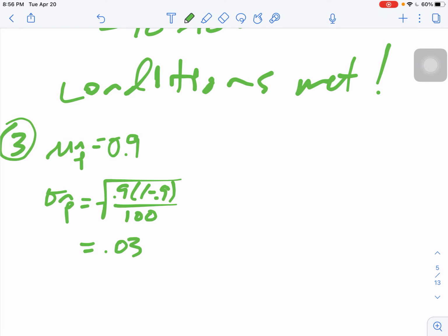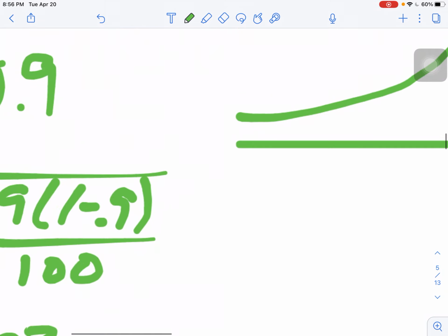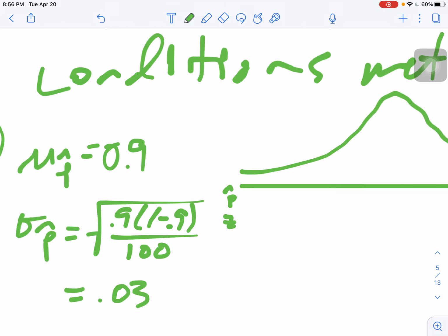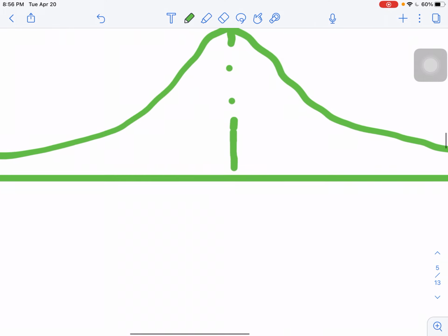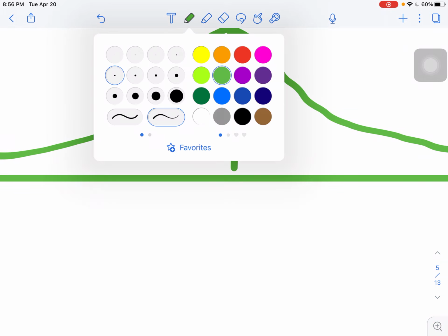So if I draw in my distribution, okay, it will be normal since those conditions were met. This is my p hat axis and my z axis. It's going to be centered at 0.9.